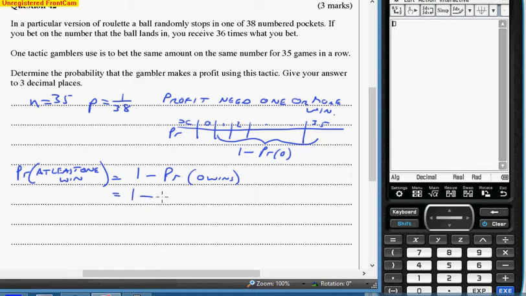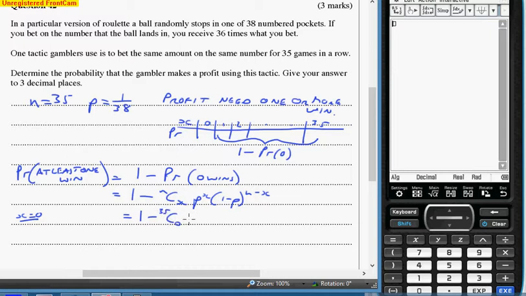Now we can use the binomial distribution probability equation, the combination of n and x, p to the x, times 1 minus p to the n minus x. There's the equation. Let's just put in the numbers now. This time we're interested in x equal to 0. The probability of at least 1 win is equal to 1 minus, n is 35, x is 0.